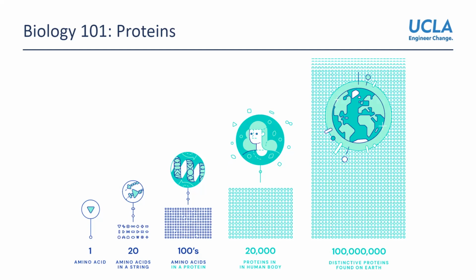And for the number of individual or different proteins in the human body and the entire Earth, there are a lot, and for most of them we cannot afford to know the structure by experimental methods, which are really time consuming and highly costly.